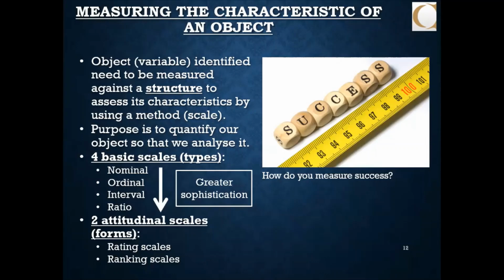Like we can measure what type of income bracket people are in through nominal. Nominal, ordinal, interval, ratio are used a lot in statistics to show different brackets.